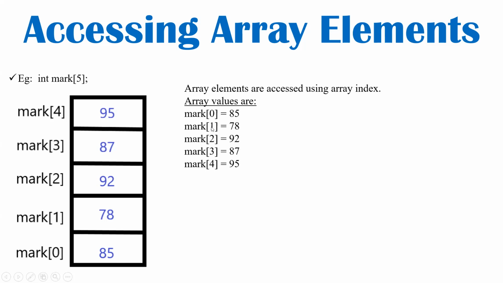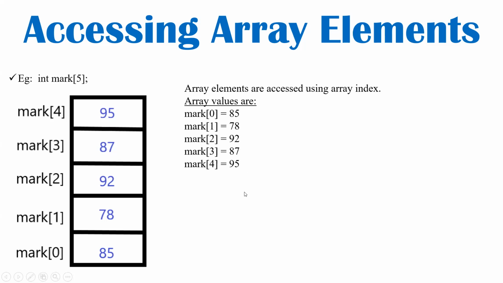Mark of 1: mark is the array variable name along with that index. This is used to access an array element. Mark of 1 equals 78. We access 92 using mark of 2. Mark of 3 represents 87. We access 95 using mark of 4.